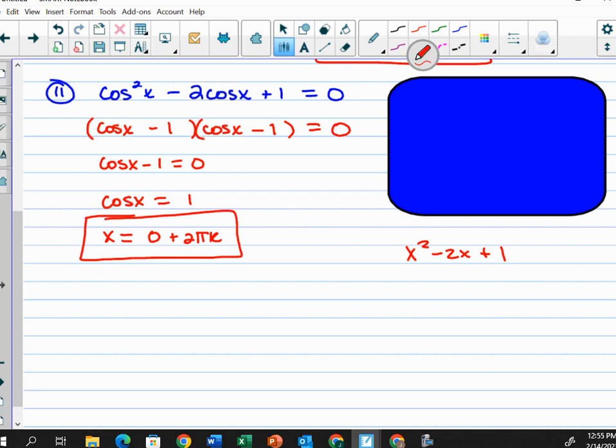What is cosine times cosine? Cosine squared minus 2 of these, right? Oh, yeah. Plus 1. Yeah?